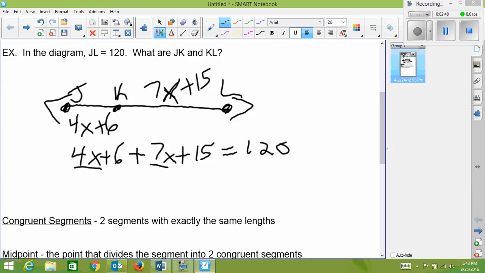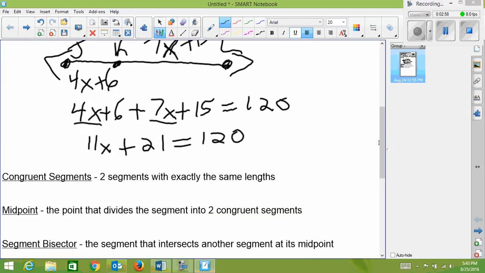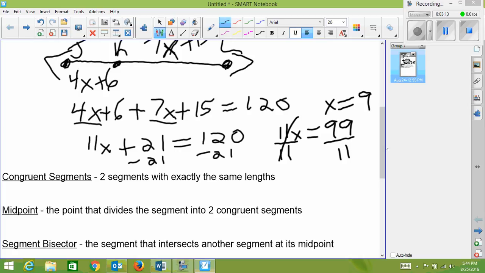I'm going to combine my like terms. 4x plus 7x is 11x. 6 plus 15 is 21, and that's going to equal 120. The next step would be minus your 21, minus your 21, so 11x is going to equal 99. Divide by 11 for your last step, and therefore x is 9.